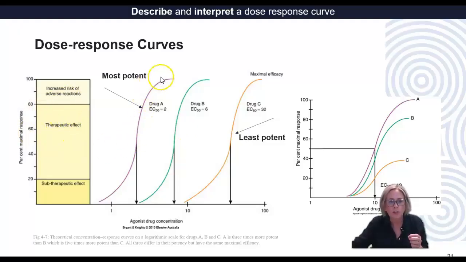You can also see that there's a plateau part of these dose response curves. And really and truly, as you increase the dose there, you're not really getting any more of a benefit in terms of a tissue response, and you do increase the risk of adverse reactions.